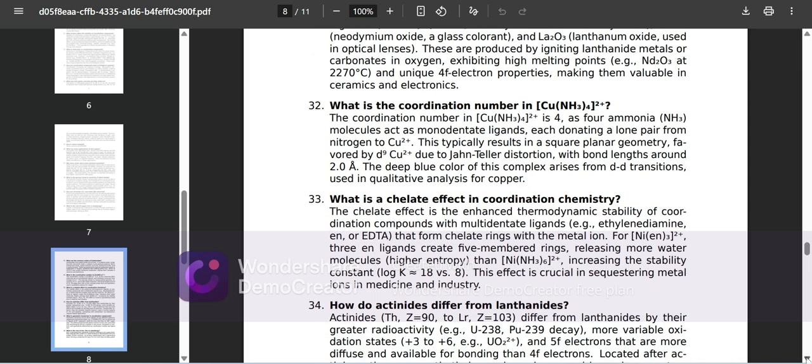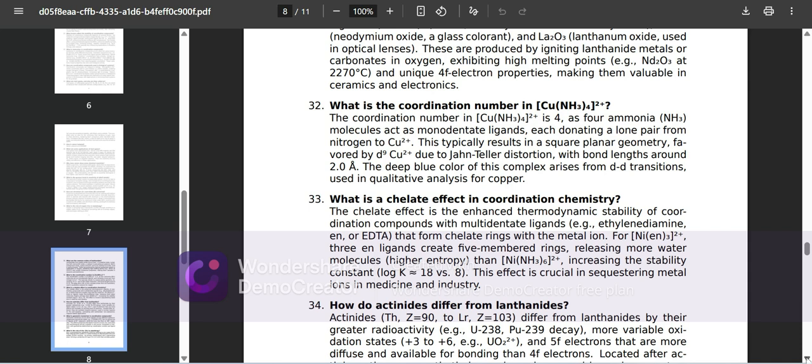What is the coordination number in Cu(NH3)4 2+? The coordination number in Cu(NH3)4 2+ is 4, as 4 ammonia NH3 molecules act as monodentate ligands, each donating a lone pair from nitrogen to Cu2+.